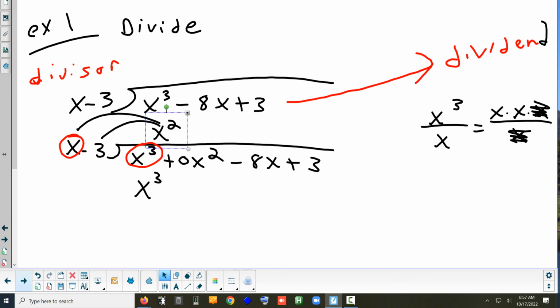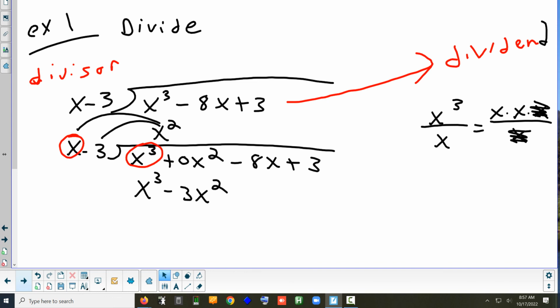What about x squared times negative 3? Yeah. It would be negative 3x squared. Yep. And that's it. That's the multiply step. Any questions? What we just did right there?